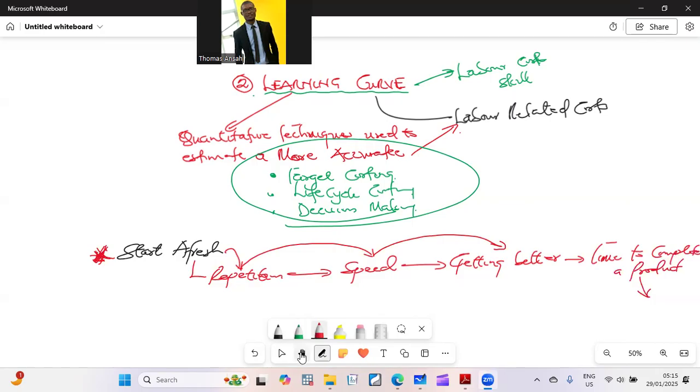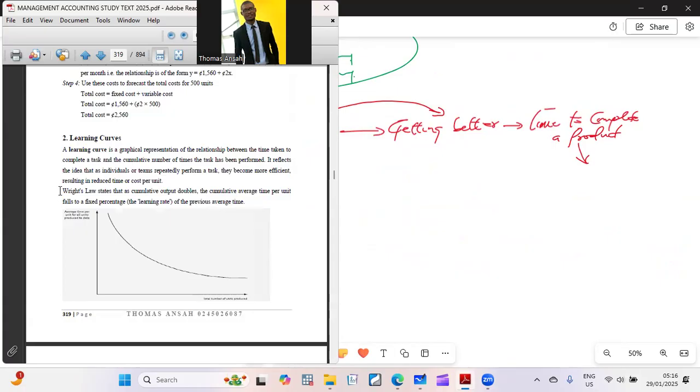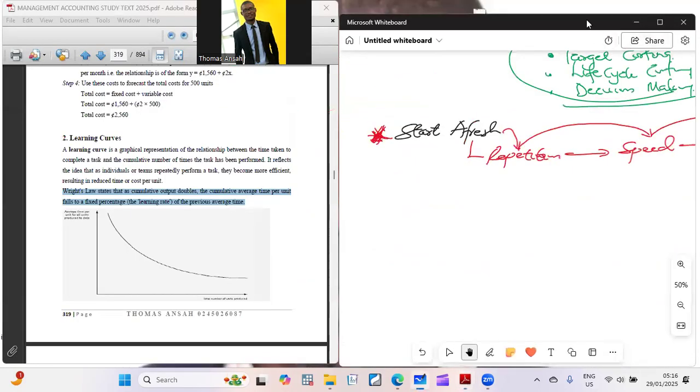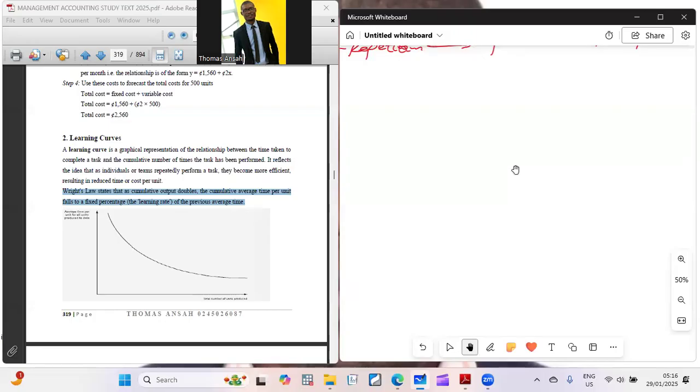The simple law about the learning curve is the Wright's law, and this is what it says. Wright's law states that as cumulative output doubles, and so you see that there is cumulation of output, the cumulative average time, or average time per unit, falls to a fixed percentage, the learning curve rate, the efficiency rate, of the previous average.